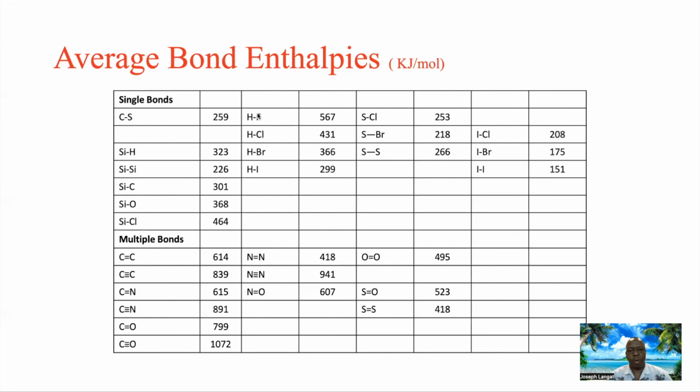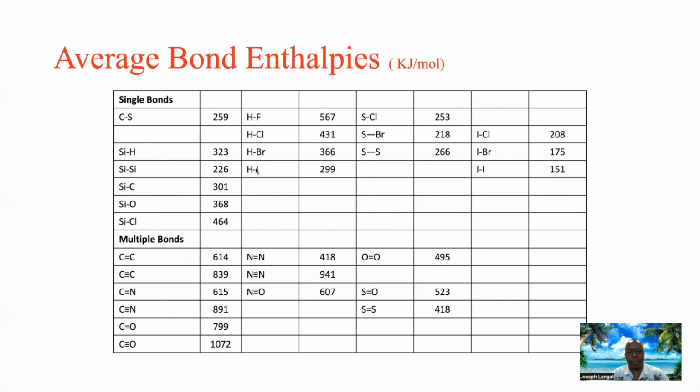Let's say if I'm going down, the radius keeps getting bigger. For example, here, hydrogen is constant. If you look at the fluorine, it is getting larger and larger and larger, and therefore it will be easier to break.